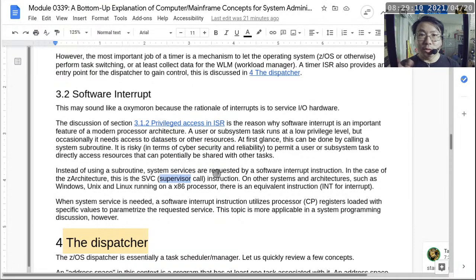And today in Windows NT and Linux and Unix, on all the different types of architecture, they all use a similar mechanism, so that an application that runs in protected mode with a low privilege level can ask the operating system for something. So this is kind of interesting. I don't know whether it is going to be super useful for system administrators or not, but from the perspective of a system, this is kind of interesting.